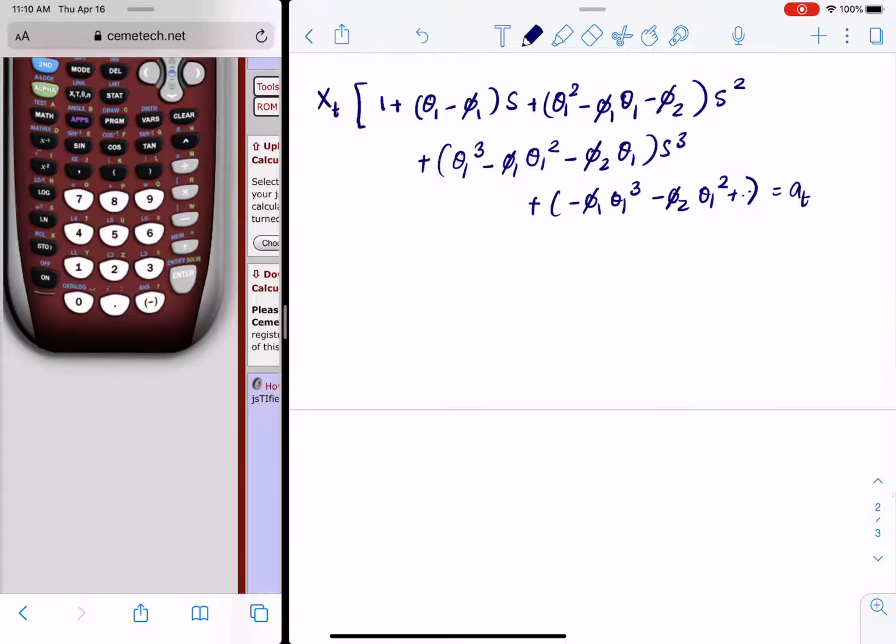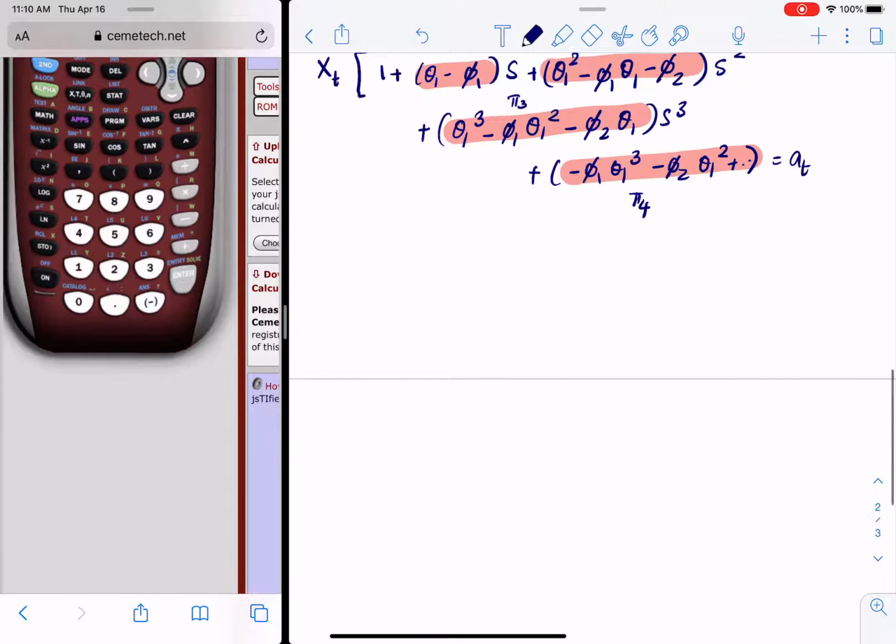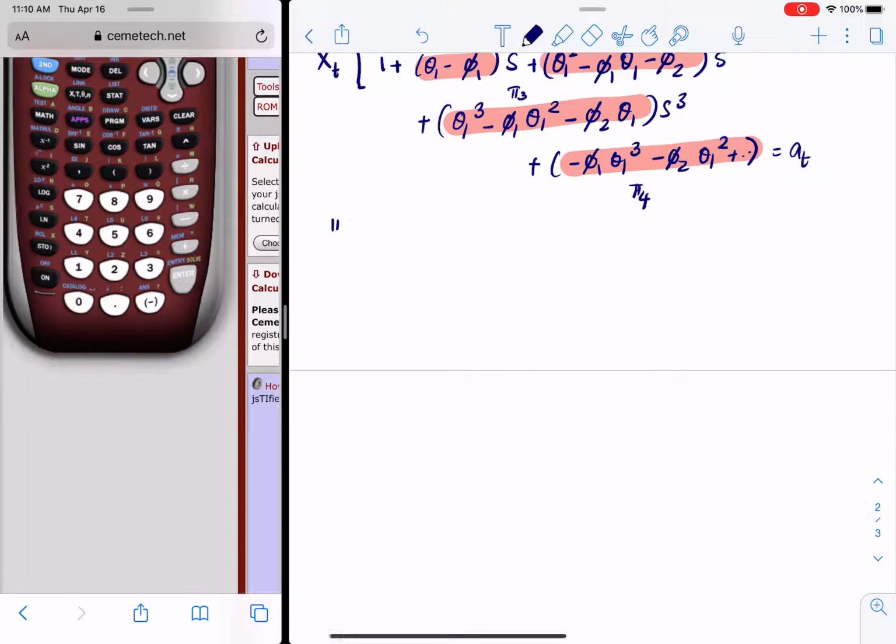So now we can rewrite each of these coefficients as the pi weights. We have pi1, pi2, pi3, pi4. So, of course, pi0 is 1.